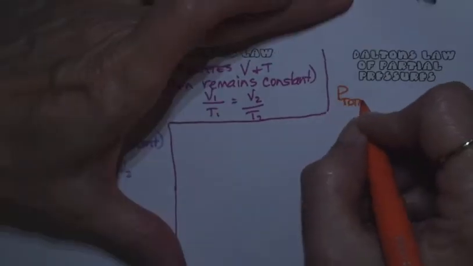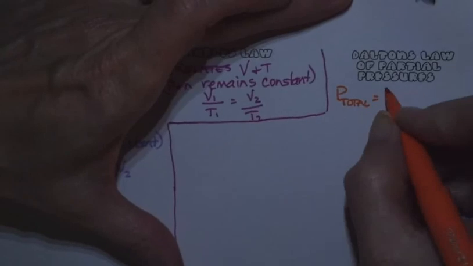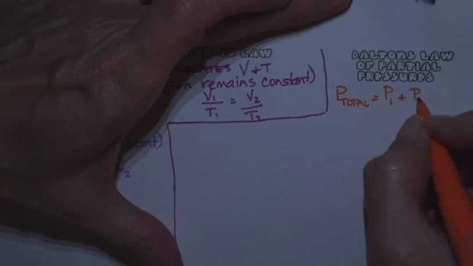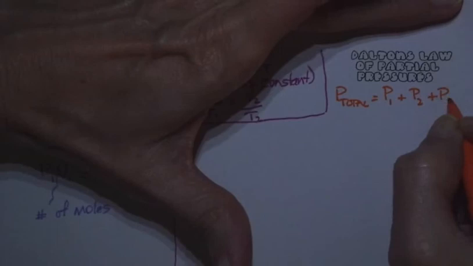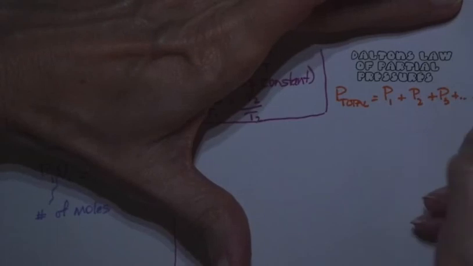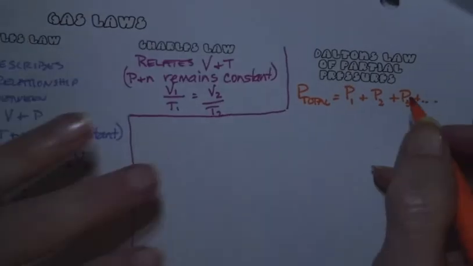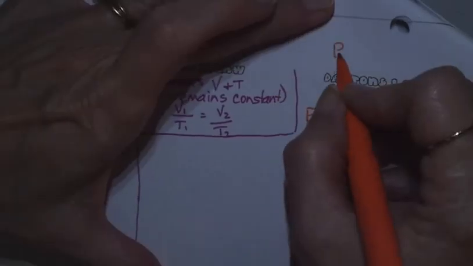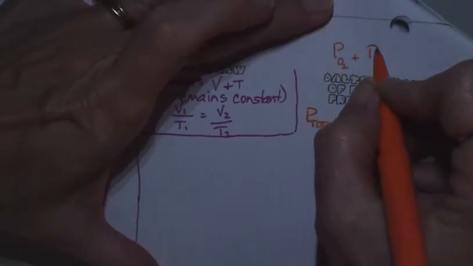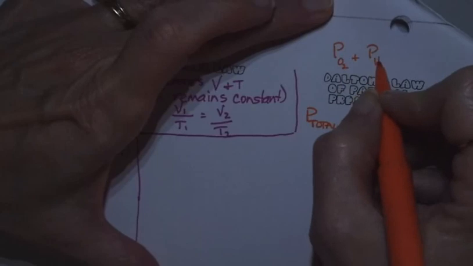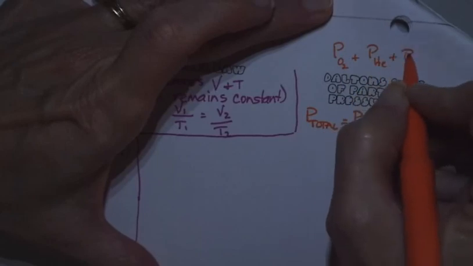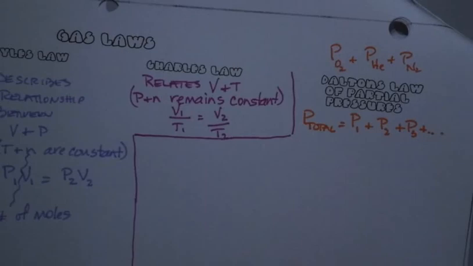A lot of times, instead of putting 1, 2, and 3, they might put the pressure of the O2 plus the pressure of the He plus the pressure of the nitrogen gas. So you get some different ways of looking at this.